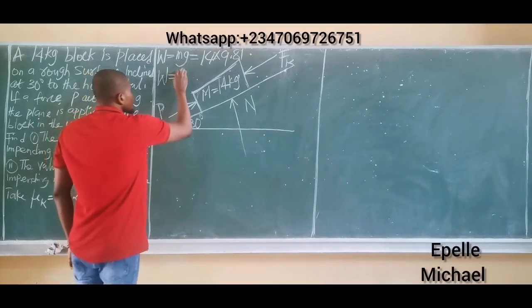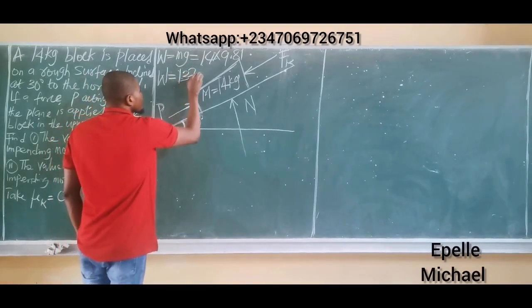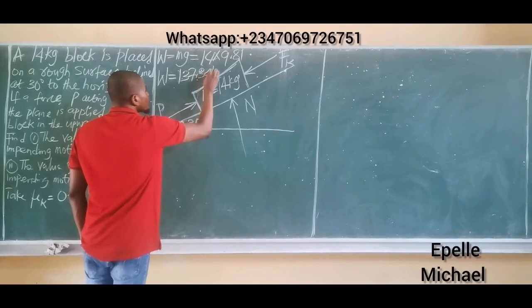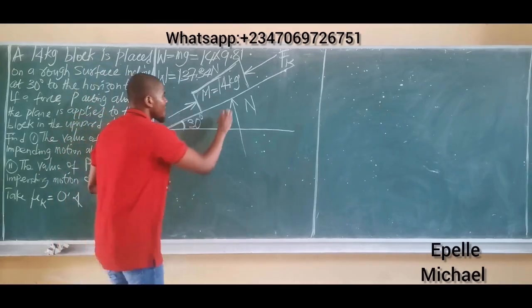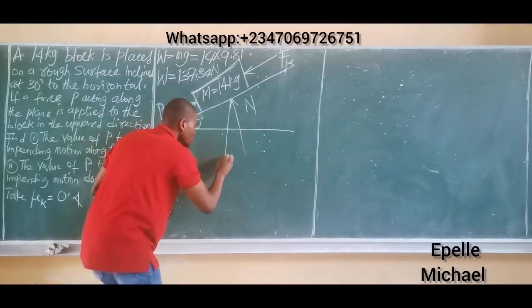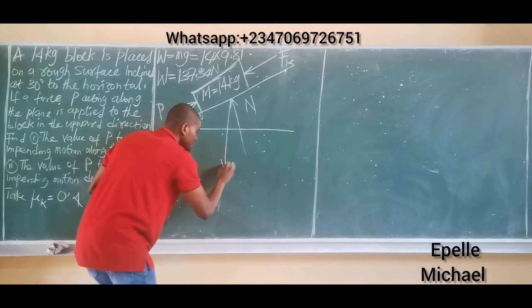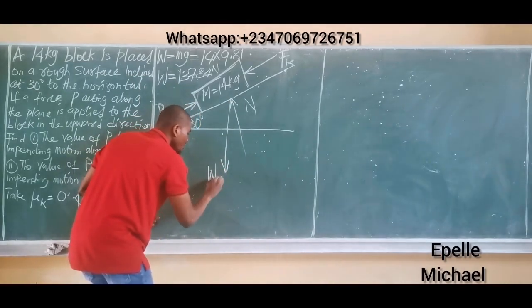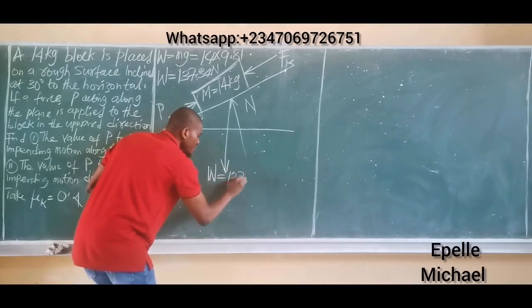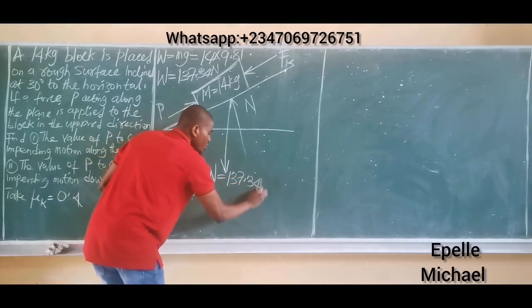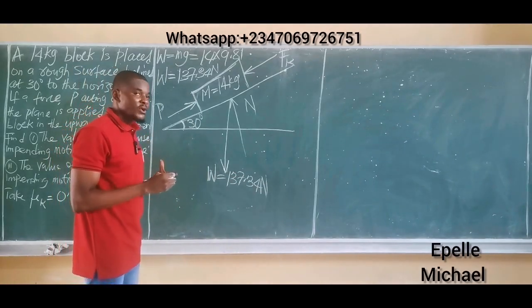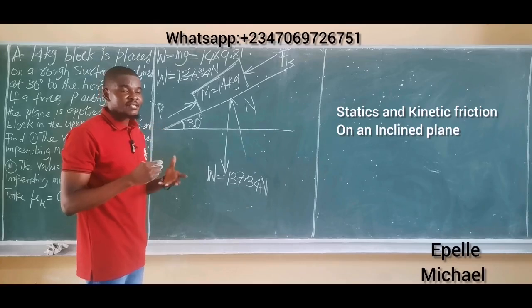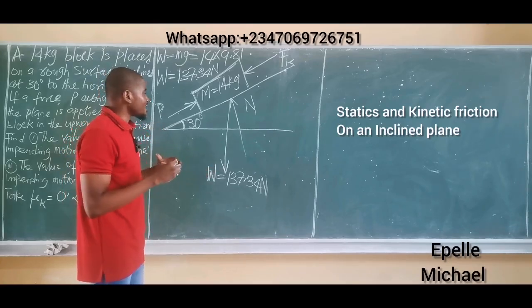That simply gives us 137.34 newtons. So this becomes the weight of this object, and this weight acts vertically downward. So I have a weight which is acting vertically downward, and the value of that weight is 137.34 newtons.